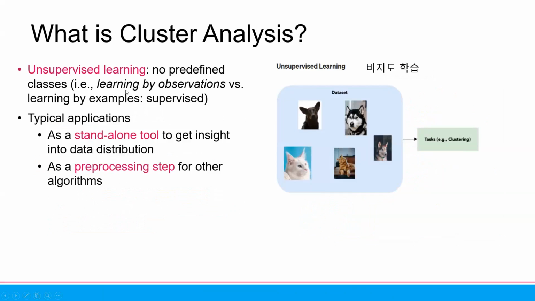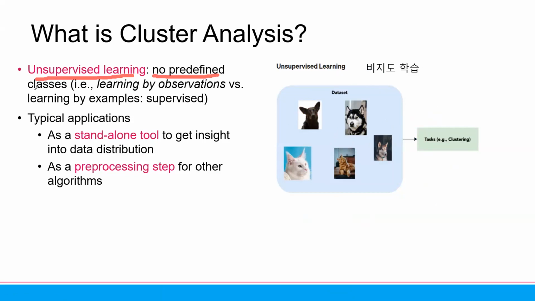If you still remember the unsupervised learning, let me just give you the image of what we learned before. If we have the data set and if we do not know the class, we do not know the target, we do not know the label, then we call this unsupervised learning.